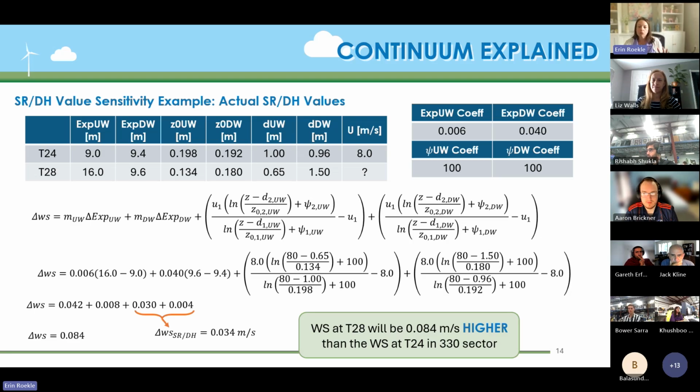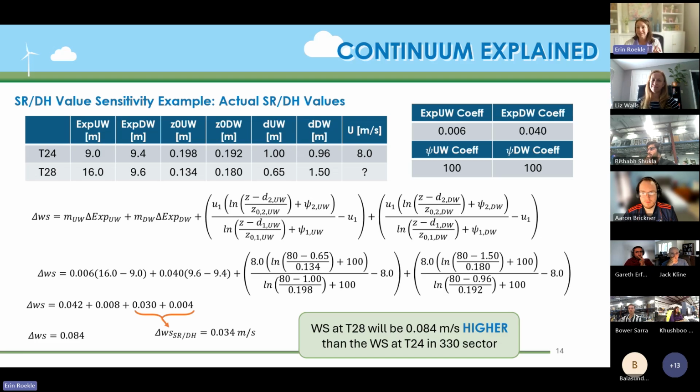So the total change of wind speed at this specific site is going to be just under 1/10 of a meter per second. T28, the turbine that was a little bit to the southwest of T24, is just going to be a little bit higher than T24 in this sector. But looking specifically at the change of wind speed just due to the surface roughness, it's even smaller.